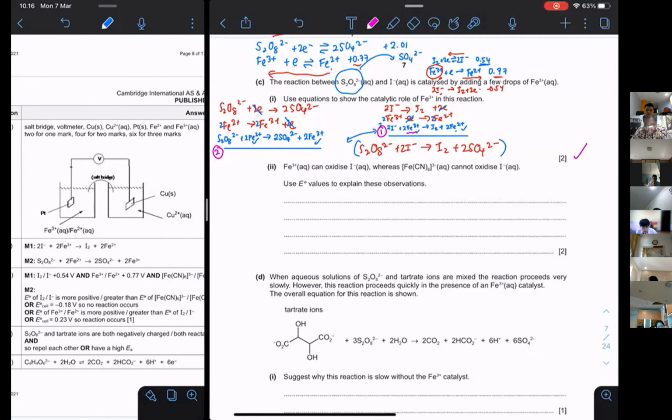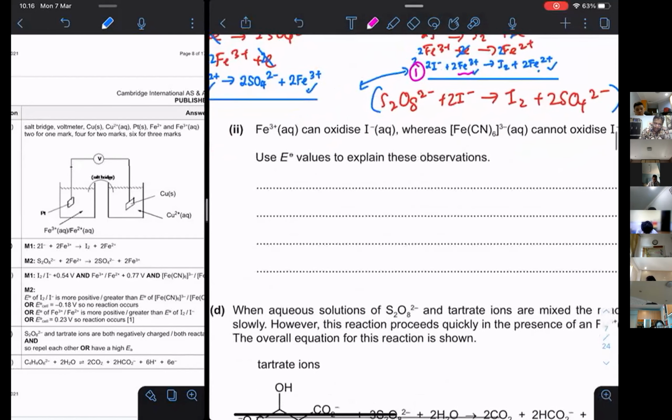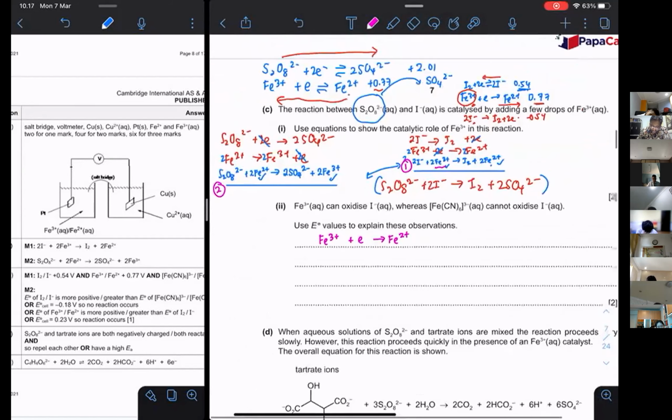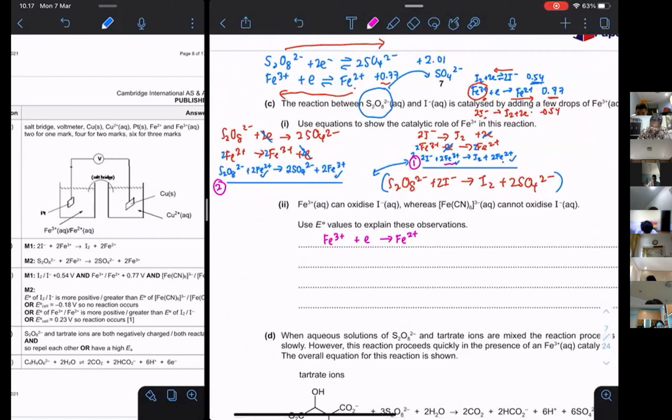Now the next question is: Fe3+ can oxidize I-, and Fe(CN)6 3- cannot oxidize I-. Let's see why, using the E value. You see Fe3+ plus an electron gives you Fe2+, and the value is positive 0.77.